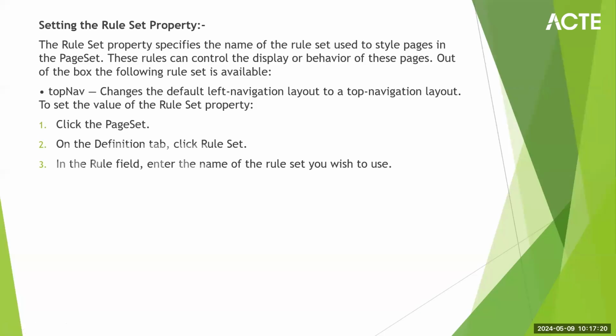To set the value of the rule set property, click on the page set on the definition tab, click rule set, and in the rule field, enter the name of the value you wish to see, like left navigation, top navigation or right navigation, whatever properties you have, you can set here.